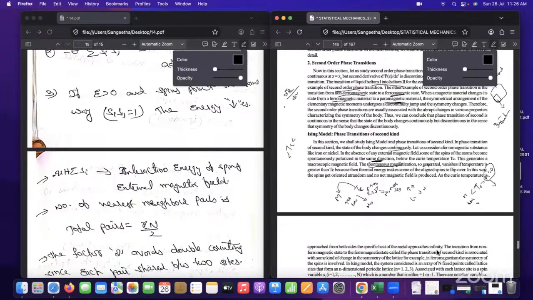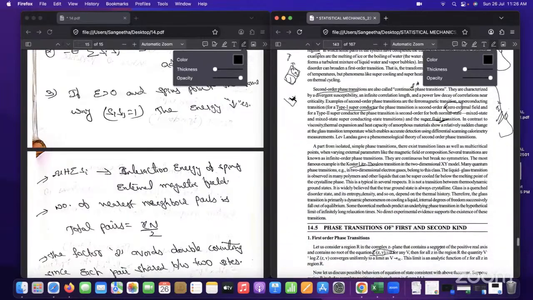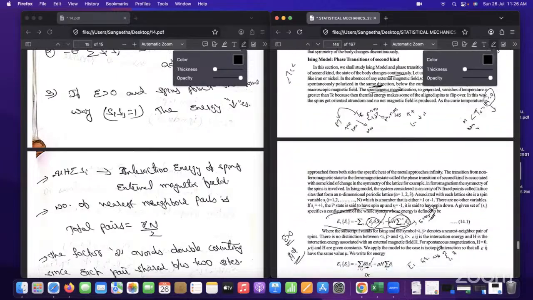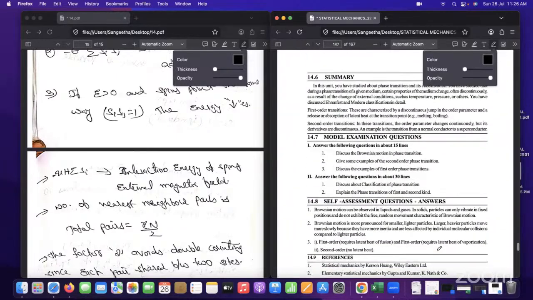This is about the topic we discussed, phase transition of first and second kind. Next we will see the next topic. So this is completed.